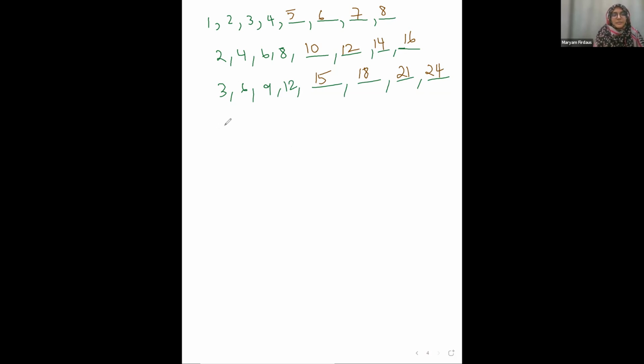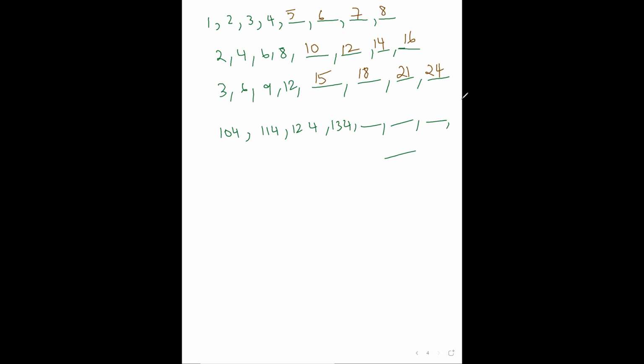Like, for example, 104, 114, 124, 134. Now tell me what will be there next. 144, 154, 164 and 174. Very good.